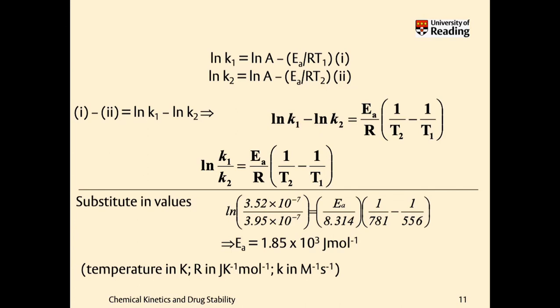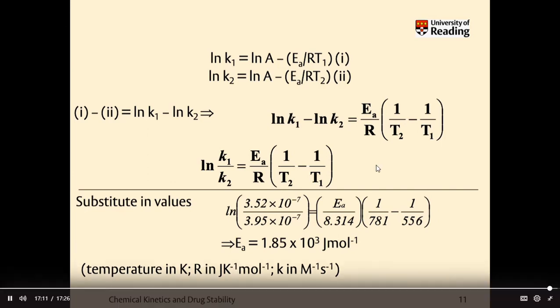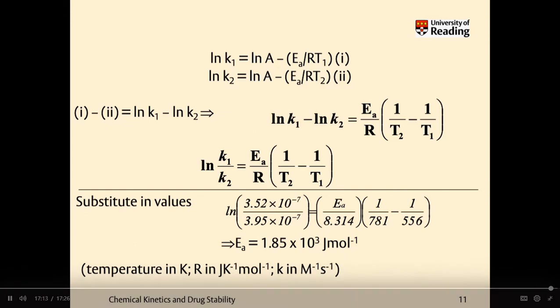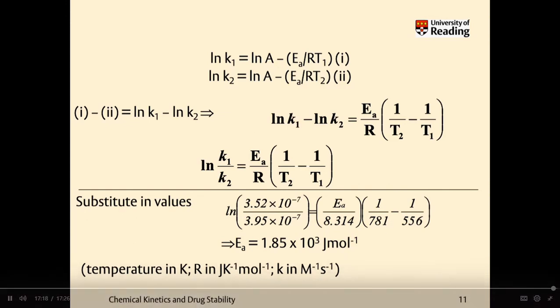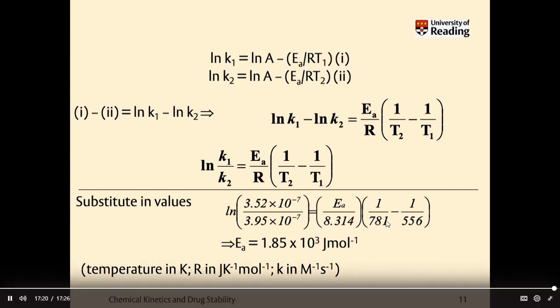And in this case, well, we have also our units of K, but remember they'll be cancelled because we have logged that term. But just to remind you what the units are for each of the components that were in that equation.